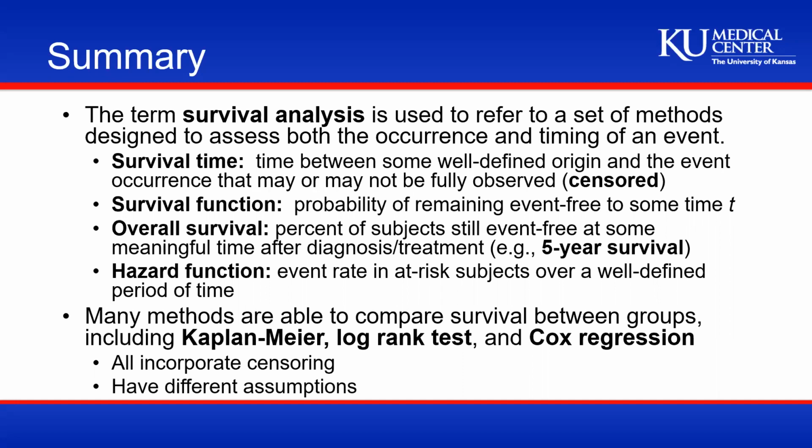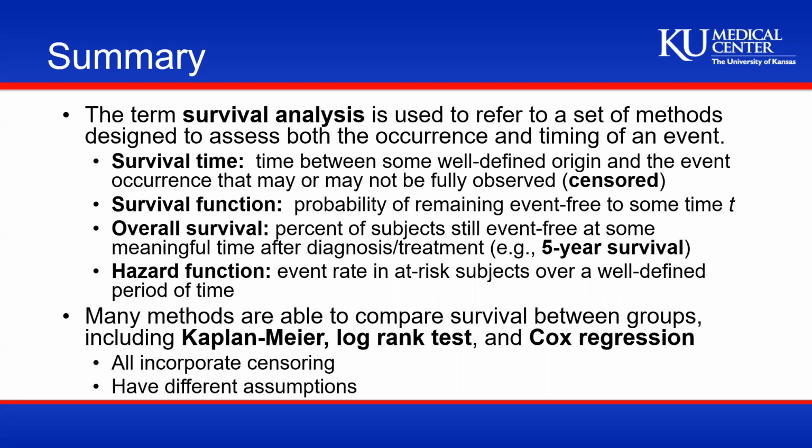Hazard ratios measure association, overall survival measures more did the event occur or not over a particular window of time. And we can also compare survival patterns between groups using things like the Kaplan-Meier curve that visualize survival, log rank tests which provide the inferences on whether survival is different, and Cox regression.